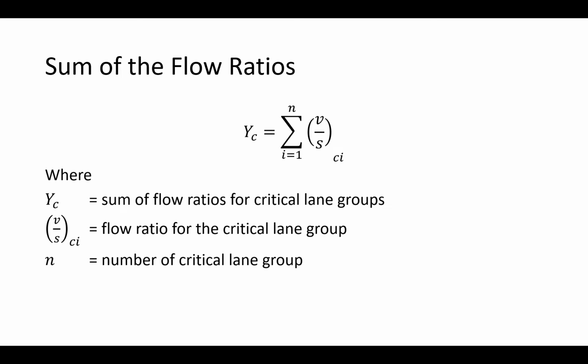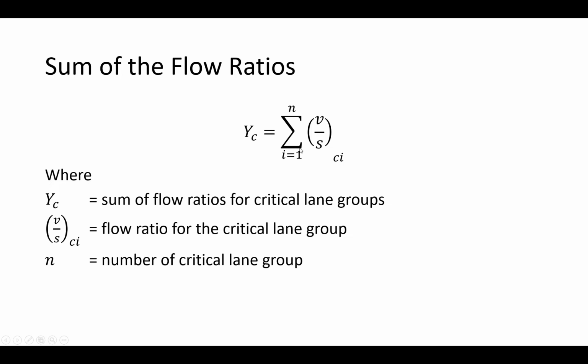We go through the signal and look at the critical lane group, and we're going to do an example here in a second that will make it a lot easier to look at. We look at these critical lane groups for each phase, and then we sum those together, and that's the capital Y sub C. That's the sum of the flow ratios for the critical lane groups from all the phases.